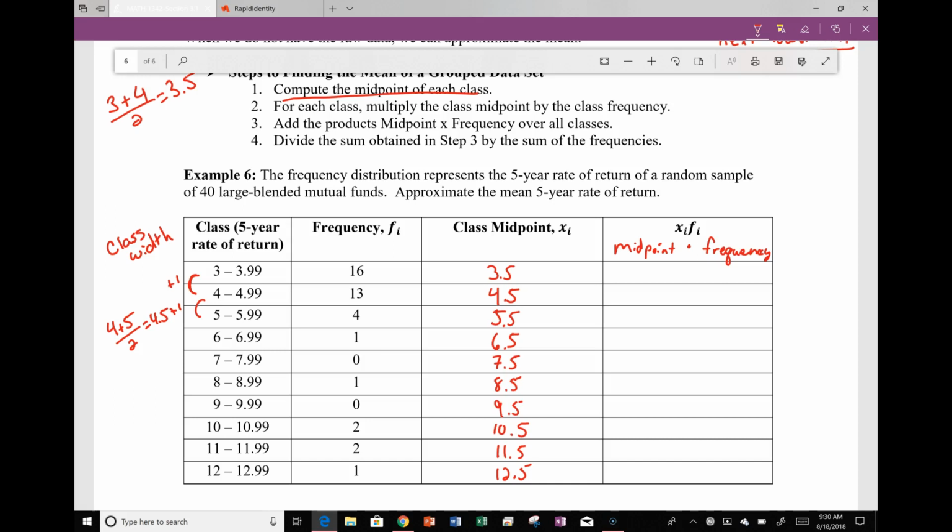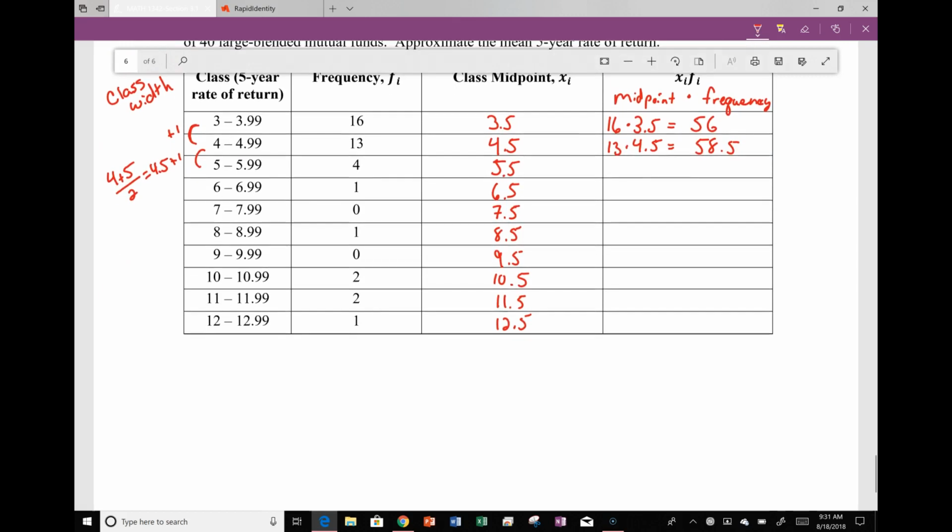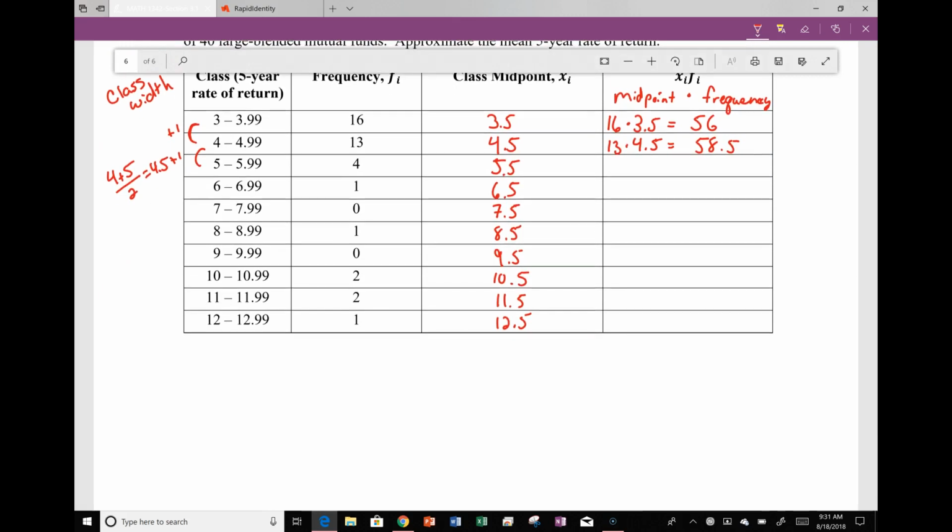Okay, so I'm going to take 16 times 3.5 and I get 56. I'll take 13 times 4.5 and I'll get 58.5. I'm going to do this for all of these classes. So 4 times 5.5 will be 22.